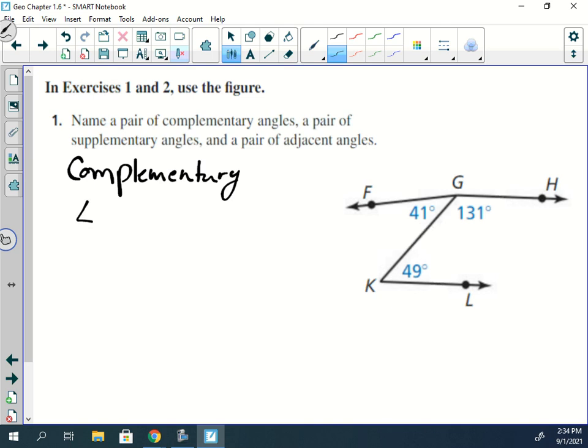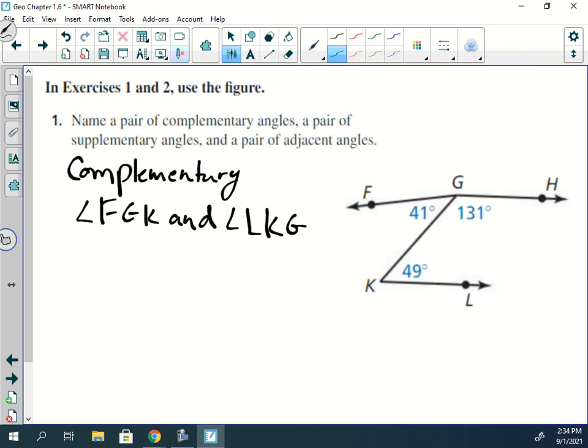So what two angles in this here add up to be 90? FGK and LKG, because we have 49 and 41. 49 plus 41 does give us 90 degrees.